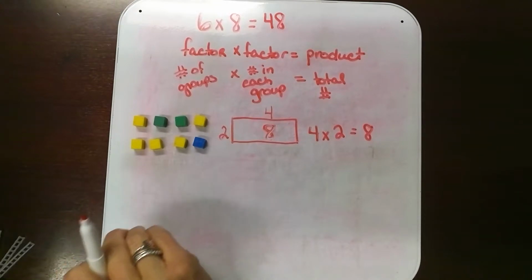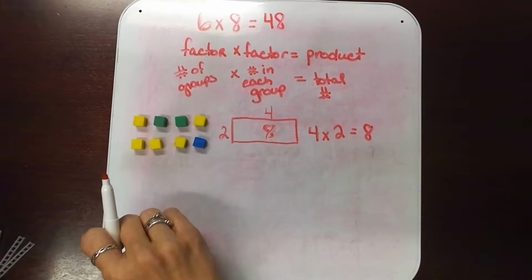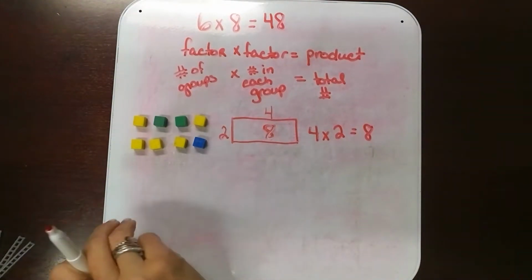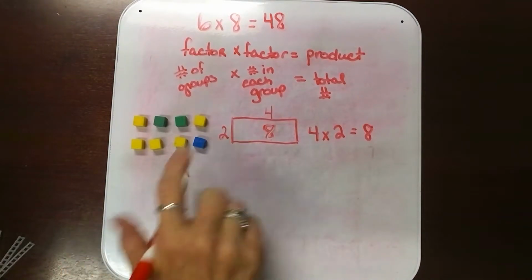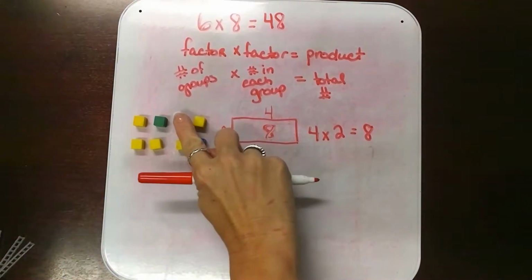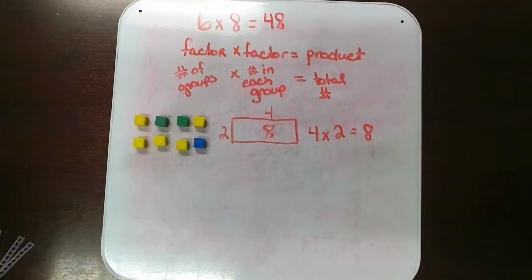When we talk about word problems and the context, it'll matter if we know the number of groups, the number in each group, if we have a total. That'll help us determine what we need to do to solve those word problems. But when I'm just talking about arrays, it doesn't matter whether I say the rows first or the columns first, okay? So I'm going to start out and do some simple things like this.